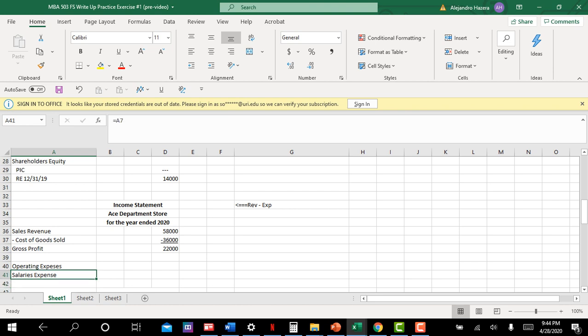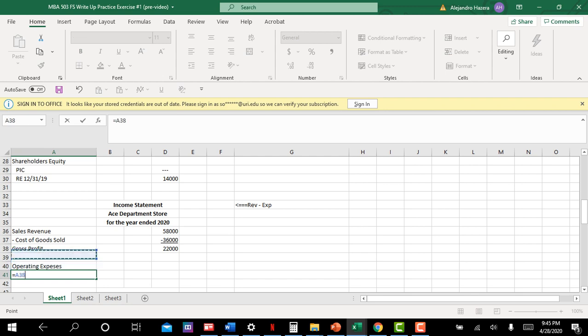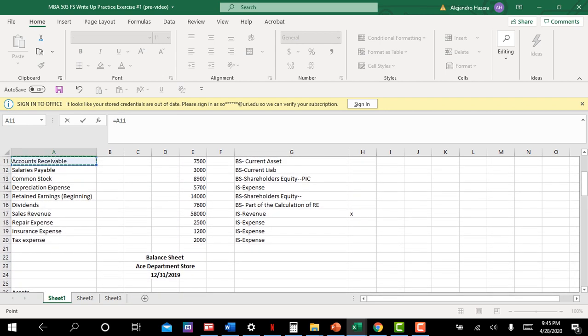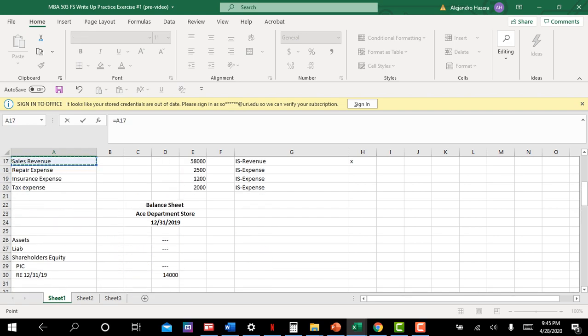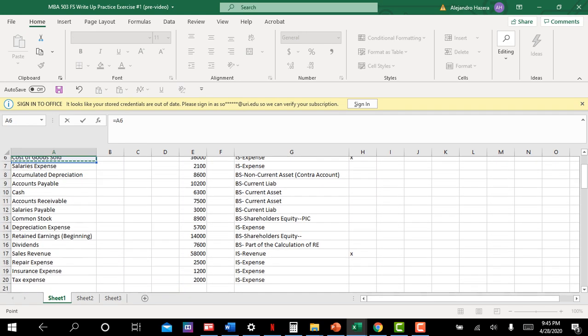I'm going to put a negative. Nope, it's supposed to be a value. So we'll just go back to salaries expense. But these are all deducted. Then I'm going to take out depreciation expense. These are all expenses that you incur while operating a business. Then I'm going to take out repair expense somewhere here.